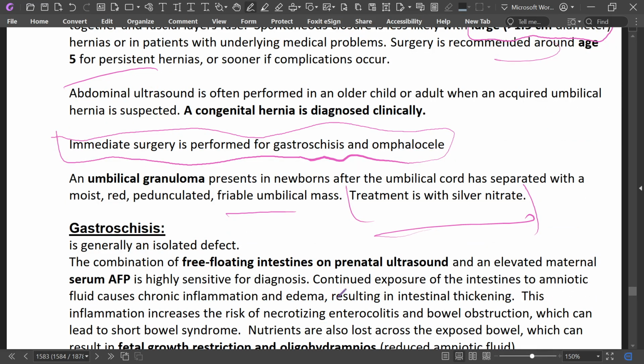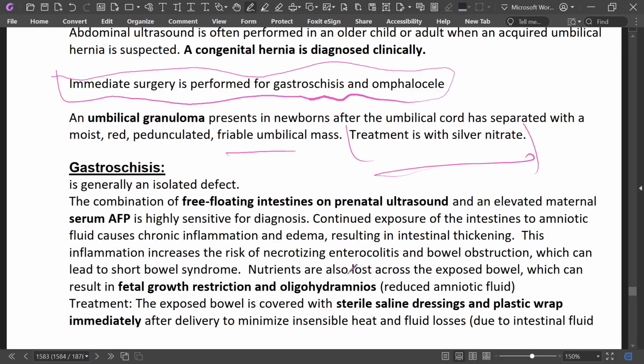Gastroschisis is an abdominal wall defect. The combination of free-flowing intestine on the prenatal ultrasound and elevated maternal serum alpha-fetoprotein is highly sensitive for the diagnosis. Continuous exposure of the intestine to the amniotic fluid causes chronic inflammation and edema, resulting in intestinal thickening.